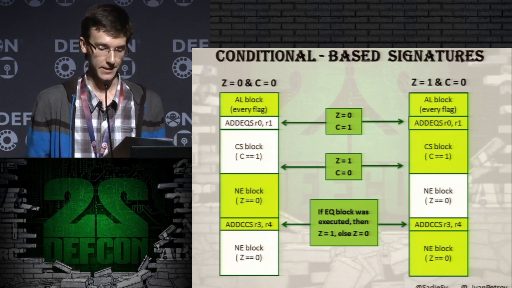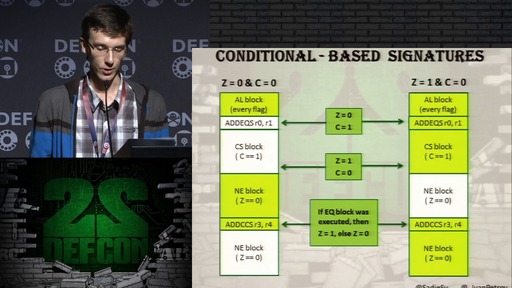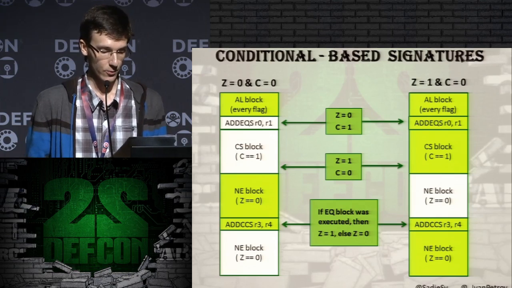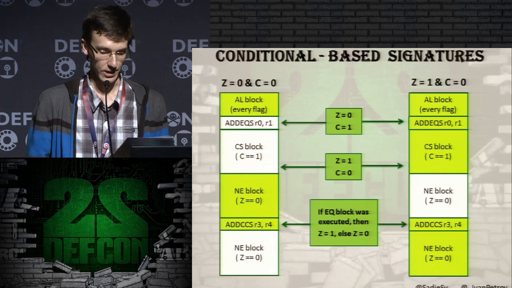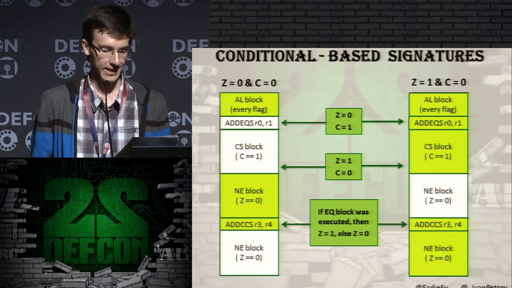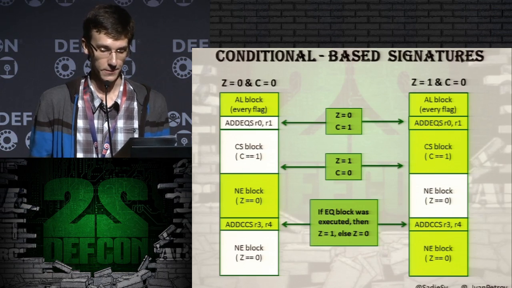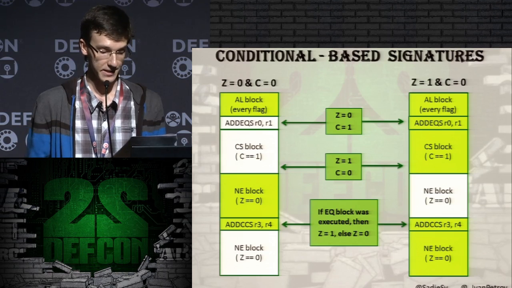Then, we have an add instruction with the not equal suffix. That means that this instruction will be executed only when the zero flag is set to 1. So, the instruction will be executed only in the second emulation. There we see the S suffix. This means that this instruction can change the flags register value. So, in the second emulation, the flags become 0 and 1. Then we have the CS block.